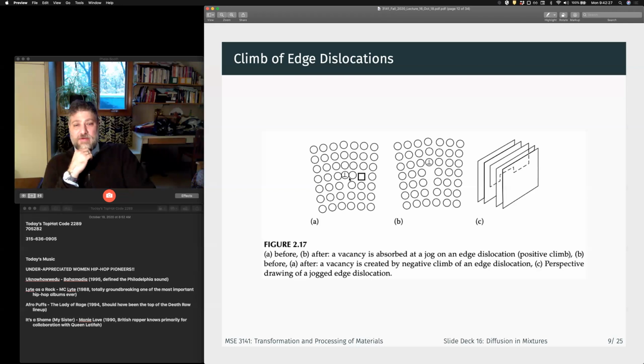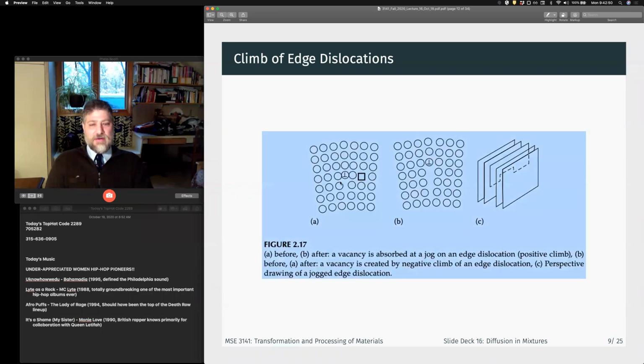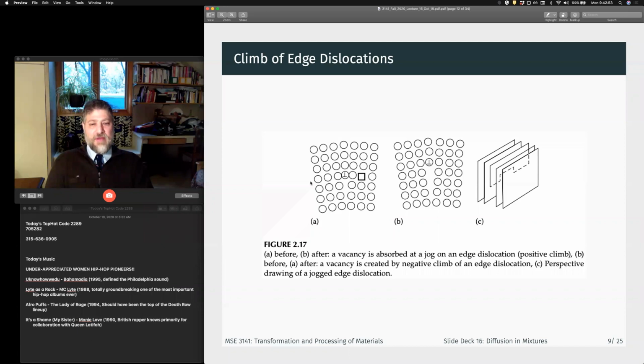But the only way for the dislocation to move in this direction, let me take a step back and define terms a little more carefully. So what's our slip plane here? This is our slip plane, where I'm moving my mouse. And this dislocation glides in this slip plane.